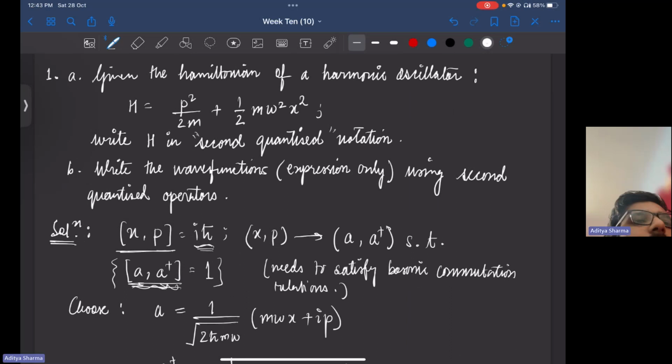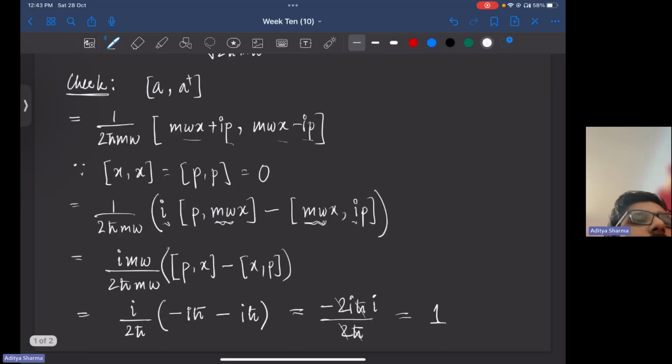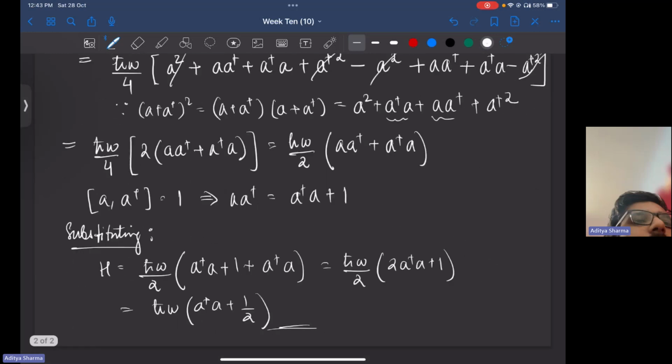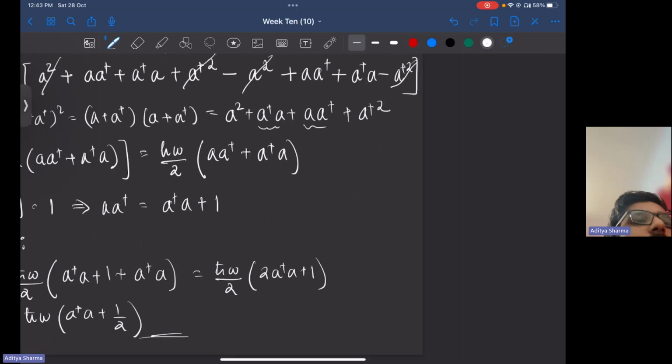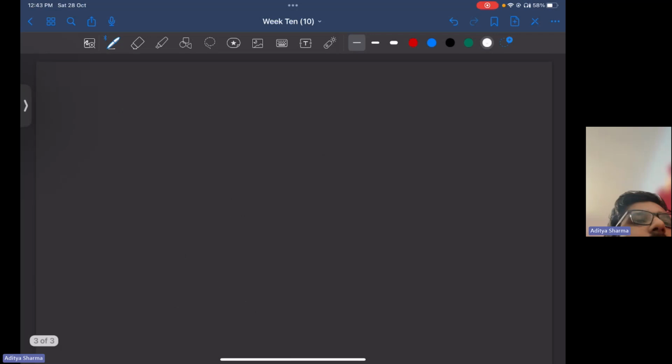There's no quantization taking place, but this is what they consider second quantized notation because of analogies in the field theories. So for the wave function part, we have to define a vacuum.